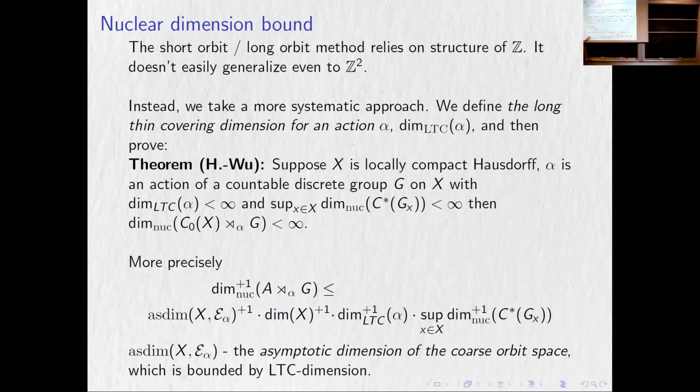It's a product of the long thin covering dimension, the supremum of the nuclear dimensions of the group C-star algebras of all point stabilizers, and what we call the asymptotic dimension of the coarse orbit space, which I'm not going to define because that's bounded by this LTC dimension.